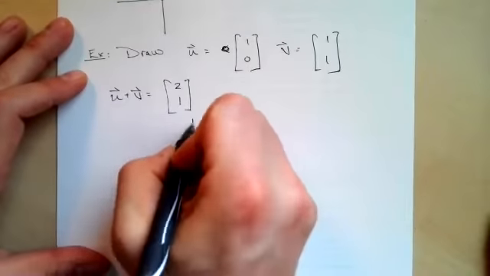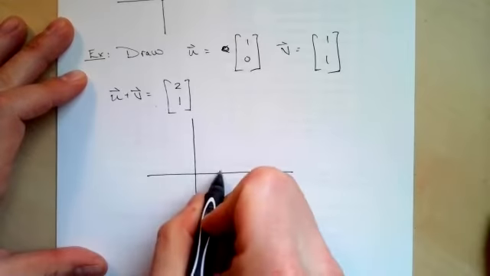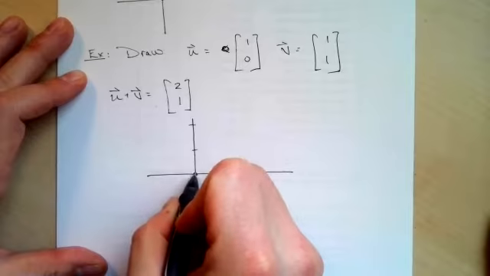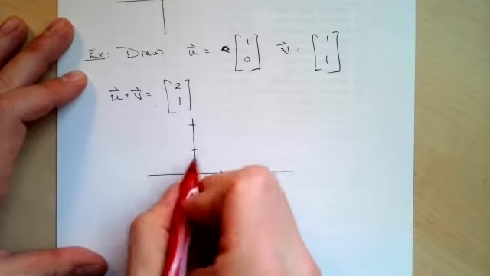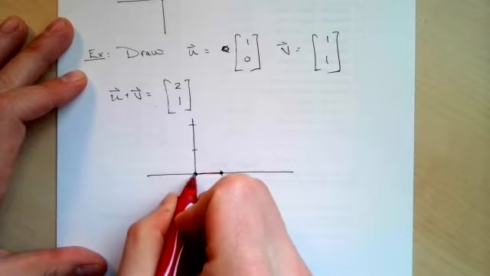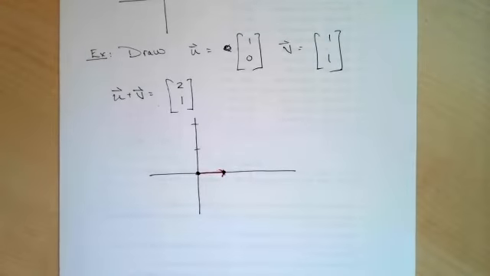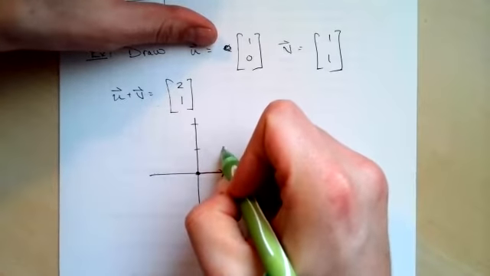Graphically, if we want to draw an accurate graph for this, our u is going to be along the x-axis. So u is the component vector along the direction of x. v points to 1, 1.